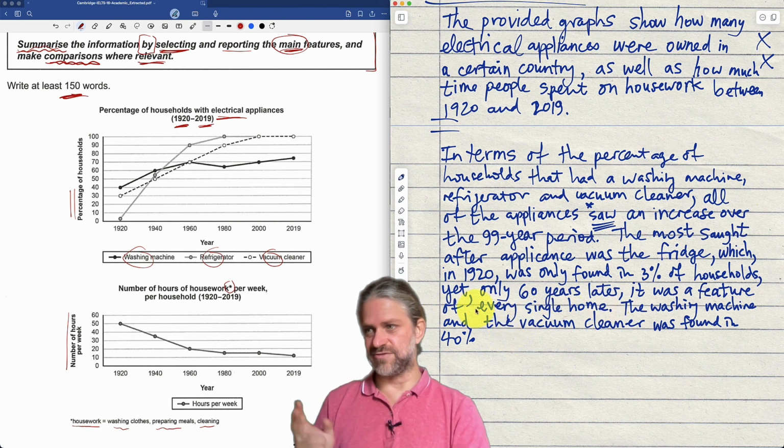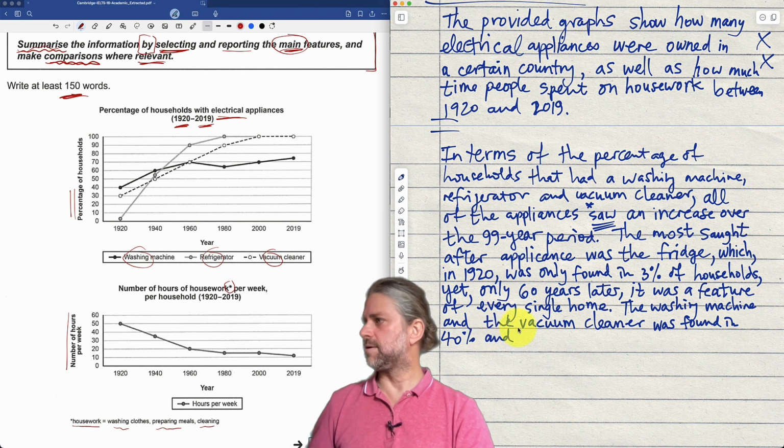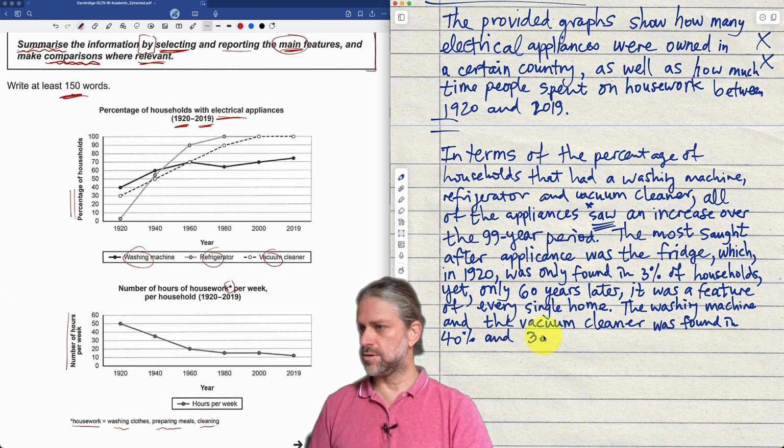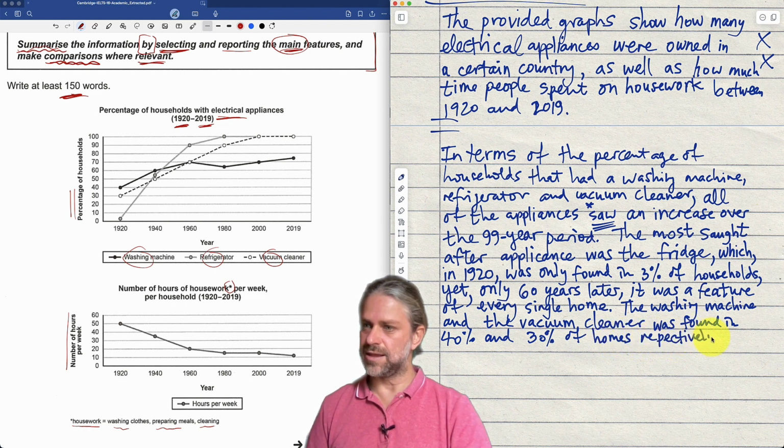So the washing machine and the vacuum cleaner was found in 40% and 30% of homes respectively.